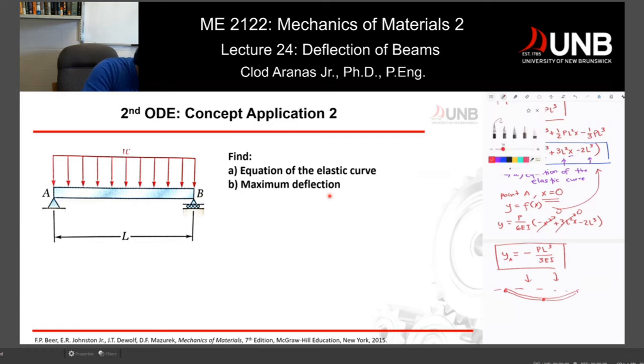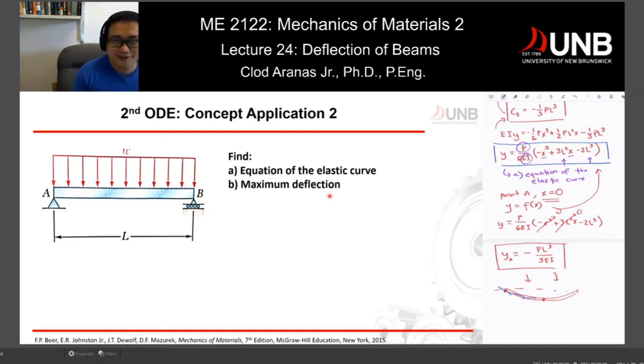Imagine that you can measure the slope of the beam at any point. You just have to apply a tangent line. Now, exactly at the maximum deflection right here, your slope, dy over dx, is equal to 0. We're going to apply this concept in this particular problem so that we can determine the maximum deflection.